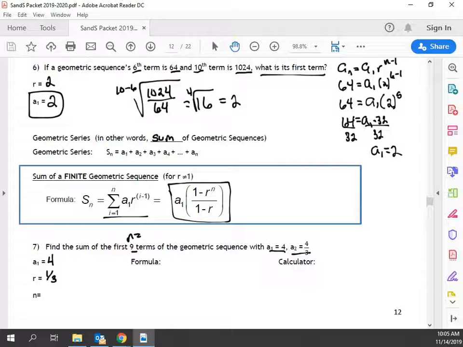How far out do they want us to go? So the sum up to 9 is your first value times 1 minus 1/3 raised to the 9th power, over 1 minus 1/3.